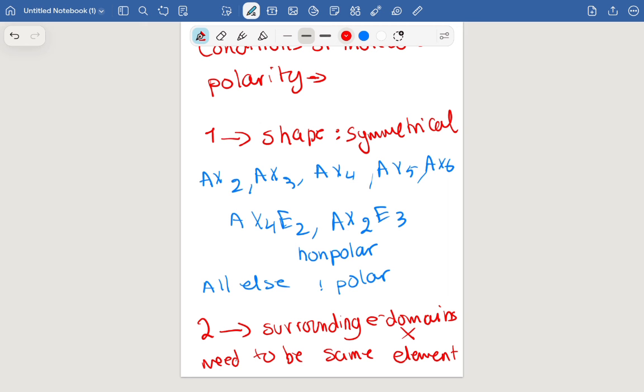This different pull might cause some to be more polar than others, and if you did the total polarization around the central atom, you would get that it's still polar. And this is not what we need. If they're all the same element and they're all symmetrical, then it's going to be a non-polar molecule.